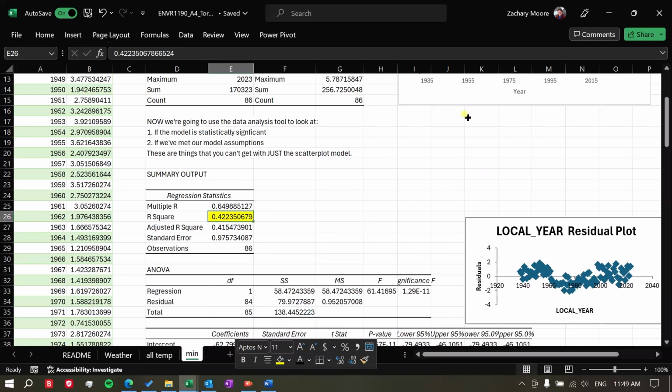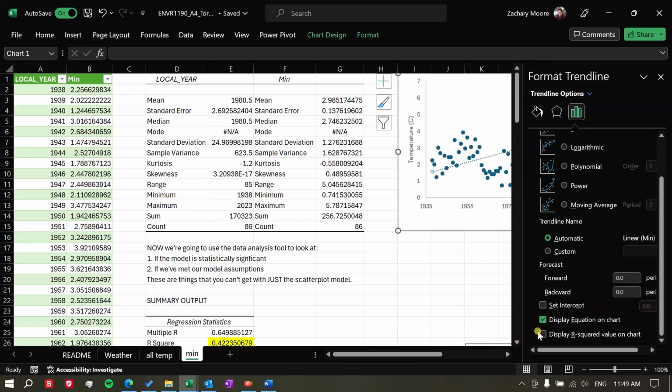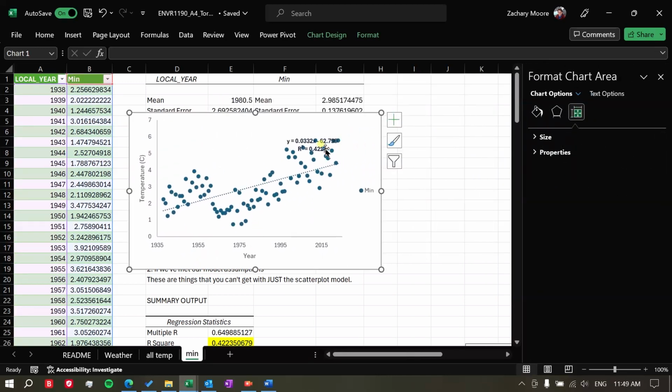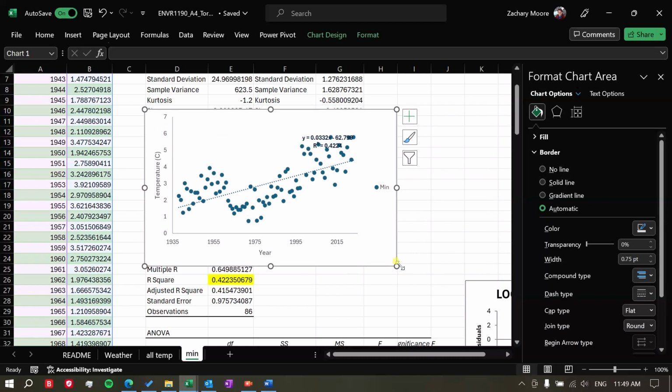Now you can actually get this from within our scatter plot. And so if you click on your line again, you can display R squared value on chart, and you'll see that the R squared of 0.42224 is the same as the one that we have here.